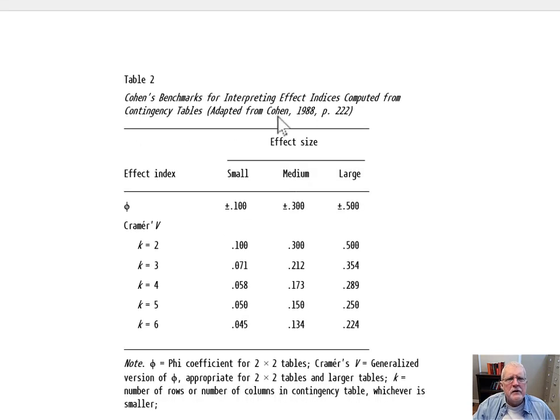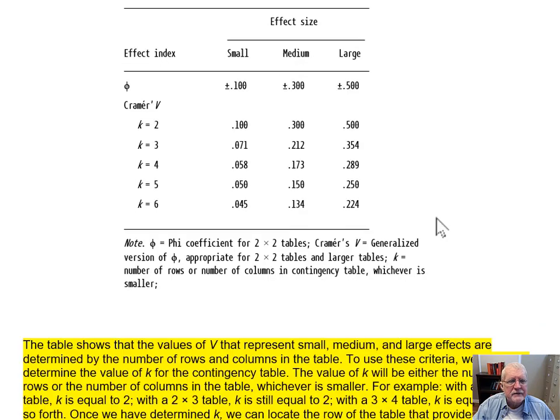Table 2, Cohen's benchmarks for interpreting effect indices computed from contingency tables. Notice that this looks semi-complicated. Apparently, there are different benchmarks for labeling something a small effect or a medium effect. How do we know which of these rows of benchmarks applies to us?